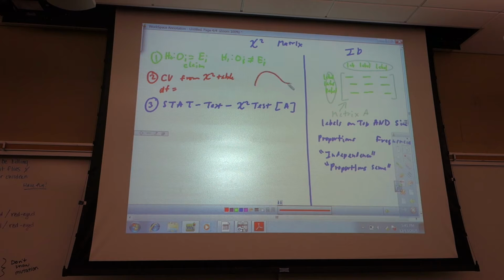It's going to look like that again. And then my degrees of freedom. Anybody remember how to find my degrees of freedom? Rows minus 1. Yep. Times columns minus 1. Exactly. Good. All right. And then step 4 is kind of regular.